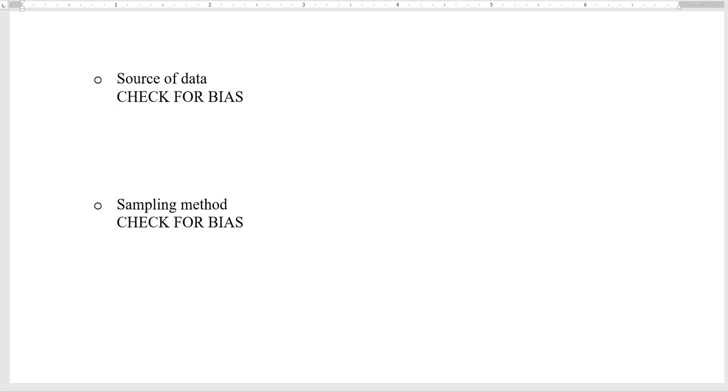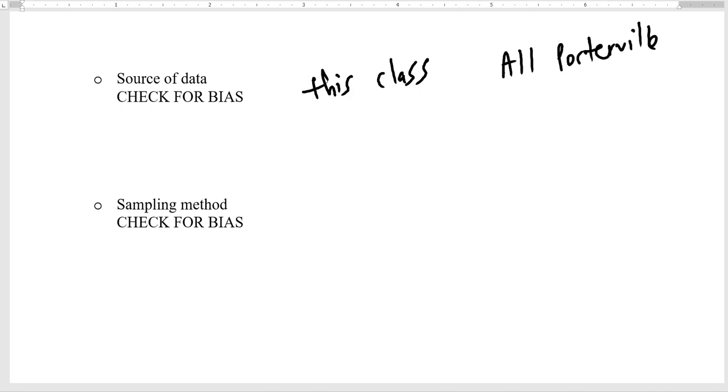And then the chapter section is going to do a really good job of exploring different situations. If I was to sample this class, would this class represent just this class? Would it represent all Porterville students? Some of you may be like, yeah, we're a good group.